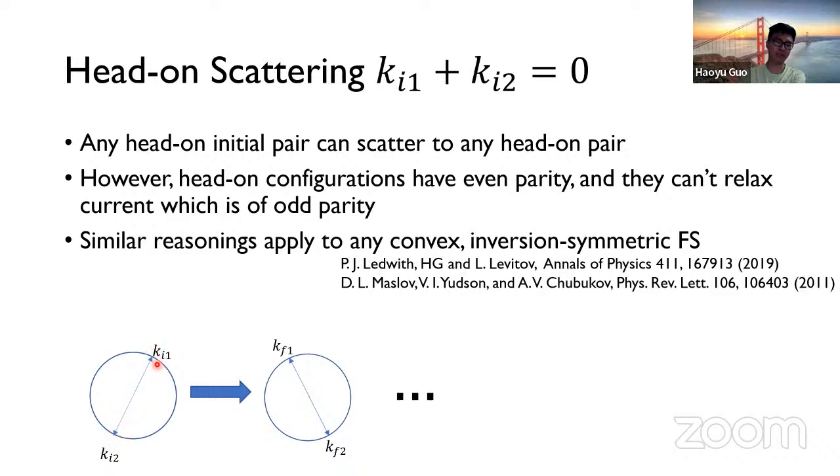Then by this kind of even parity relaxation, this bump can get smeared out and diffused onto the whole Fermi surface. However, if you have an odd parity distortion, where here is an excess and here is a deficit, then this kind of scattering will only move the distortion around, but it doesn't kill it.